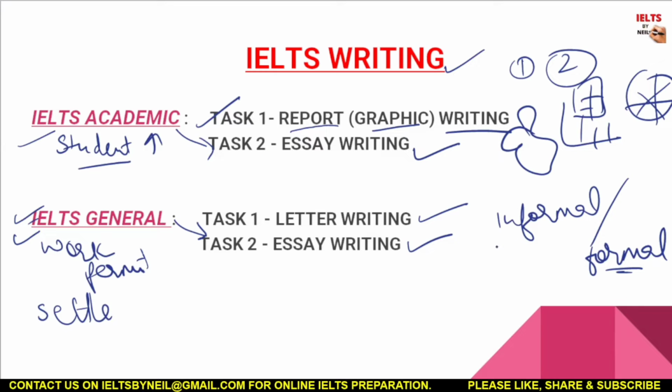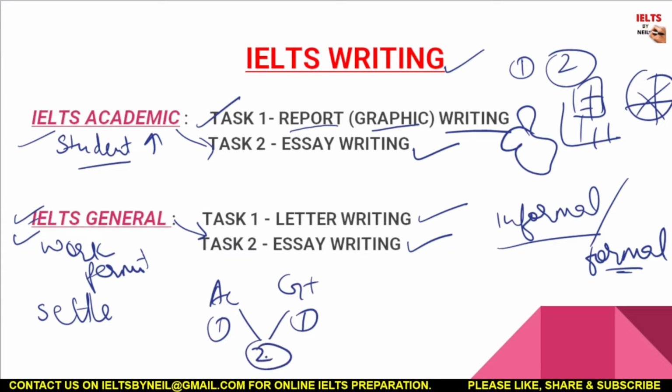Okay, and informal are the letters you write to your relatives, to your friends, to your family. All right, so task 1 in general training is letter writing, and task 2 is essay writing. So again, in academic and general training, task 1 is different, but task 2 is the same. So you have to be careful with this.